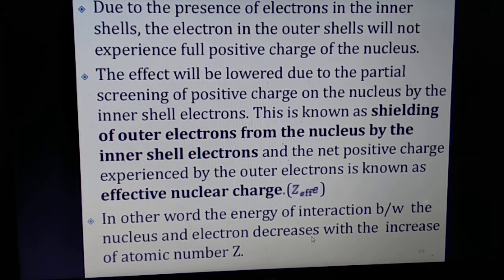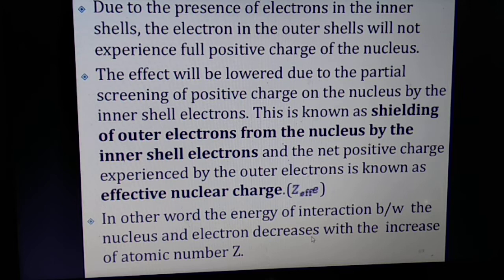When the inner shells are more, the attraction between the nucleus and the valence electrons will decrease. The effect is lowered due to partial screening of the positive charge on the nucleus by the inner shell electrons, and this is known as the shielding of outer electrons from the nucleus by the inner shell electrons.